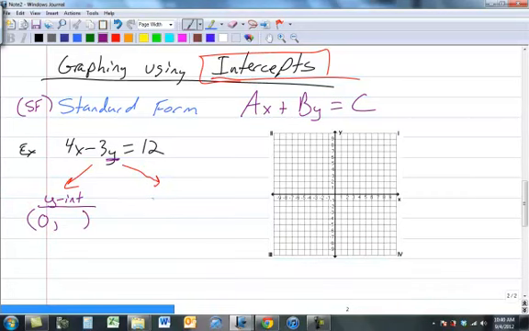And then the other intercept, which we haven't talked about yet, is the x-intercept. Now, look at the x-axis. No matter where it crosses the x-axis, the coordinates are always something, comma, 0.